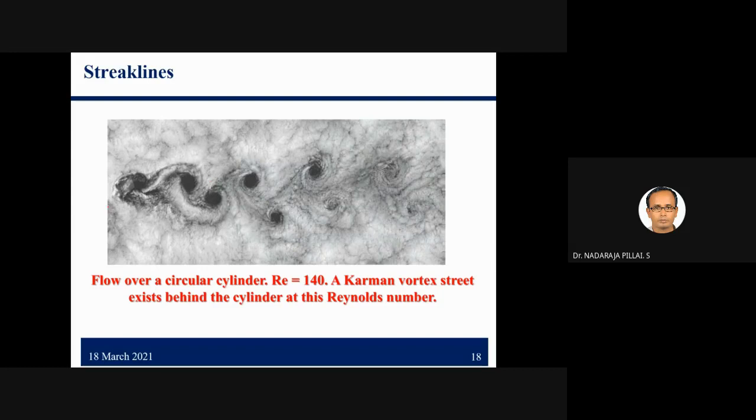So there is a dye passed through, and here you have a circular cylinder, and that creates the vortices. It is called the Karman vortex sheet, right? And this kind of trace, connecting all the fluid elements, we can express as the Streakline.